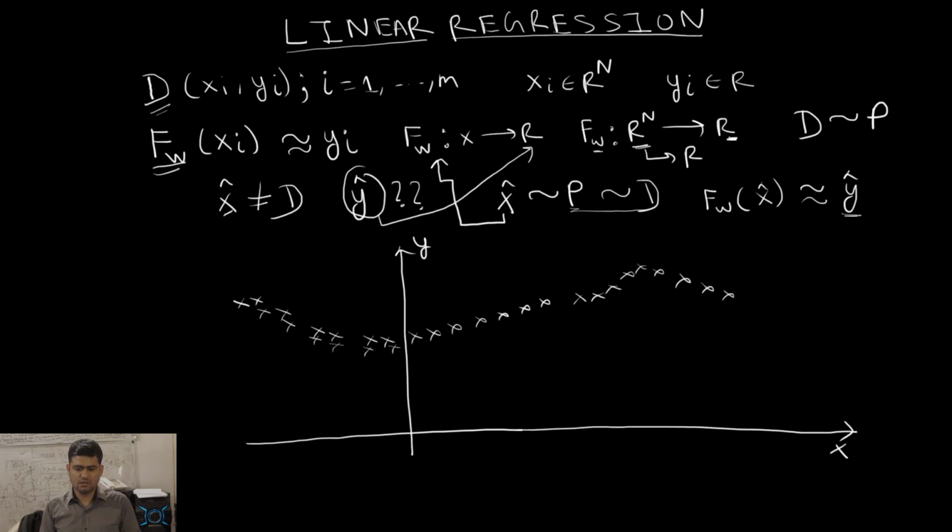For each of these points in the data, we have a corresponding value y. We can compute a function that best explains this data, or best fits this data, with respect to some cost function, and we'll learn what cost functions are and how to compute this functional mapping.